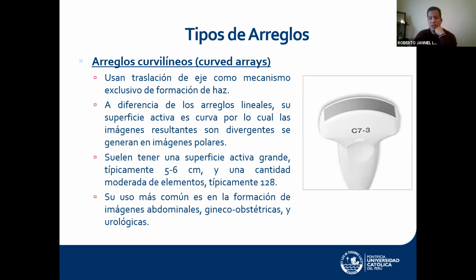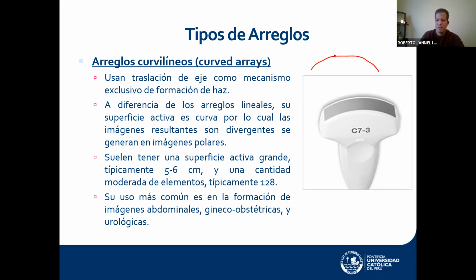The third type of array that you will very commonly find in scanners in clinics and hospitals are curvilinear arrays, or curved arrays. Again, you have the codes: C for curved, and then 7.3, which means it spans between 3 and 7 megahertz. This one also uses beam translation as a mechanism for beamforming. But the issue here is that the surface of the transducer is curved.